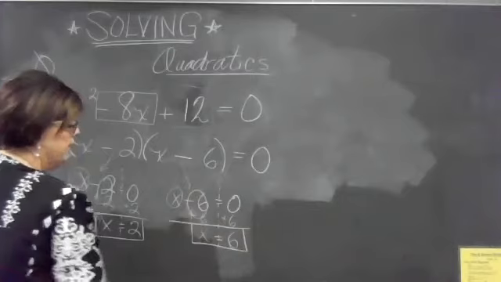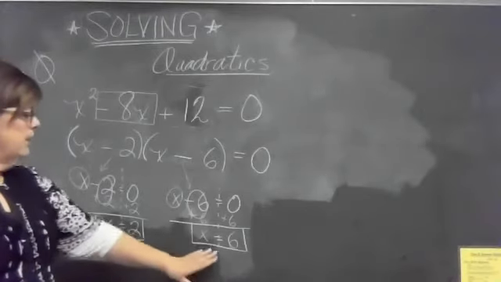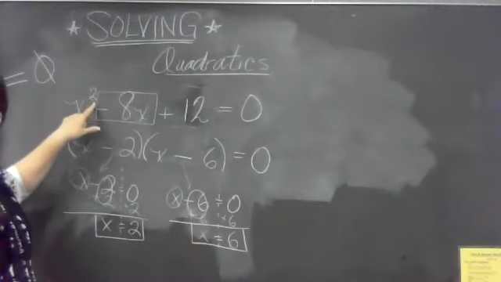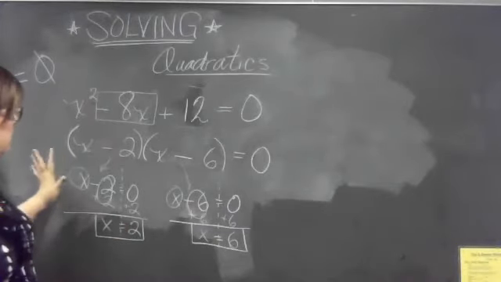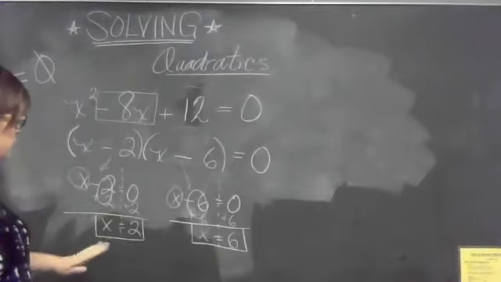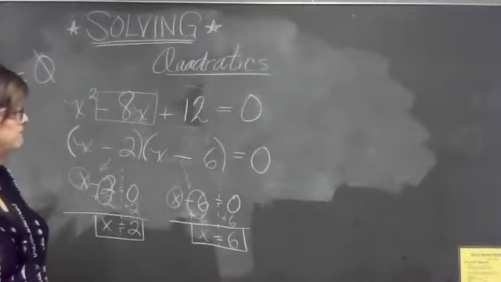Now for a quadratic, the majority of the time, not always, you're going to have 2 answers indicated here. You might just have 1 answer, you might have 0 answers, but probably 75, 80% of the time, you're going to have 2 answers to this problem.